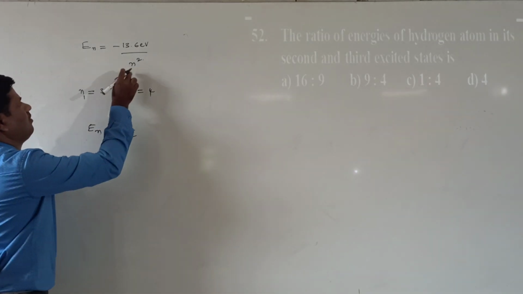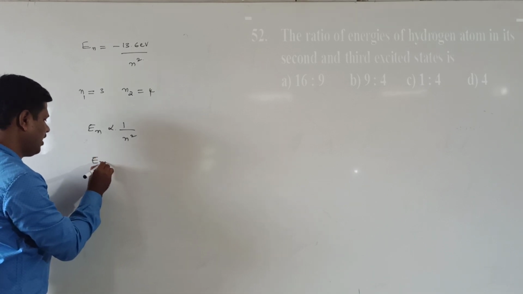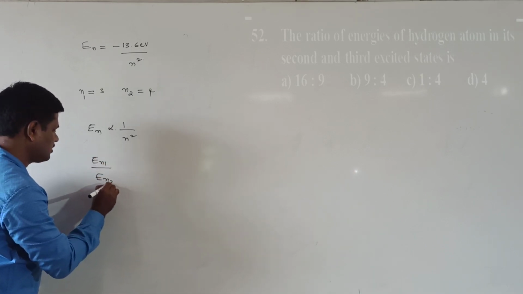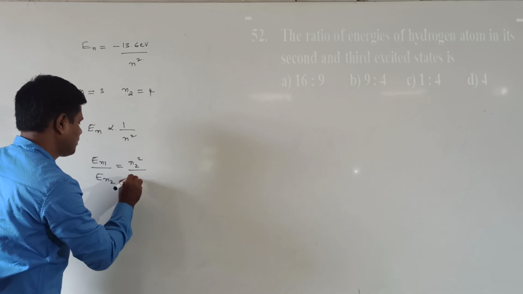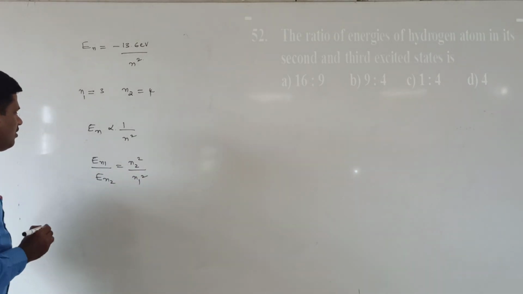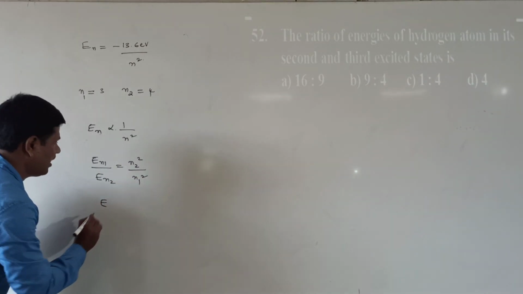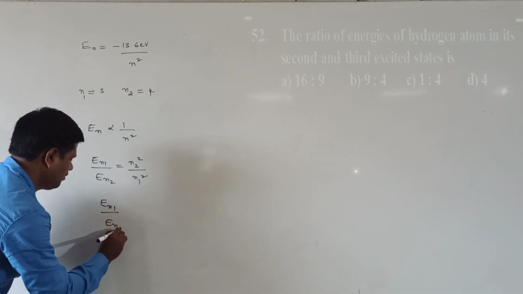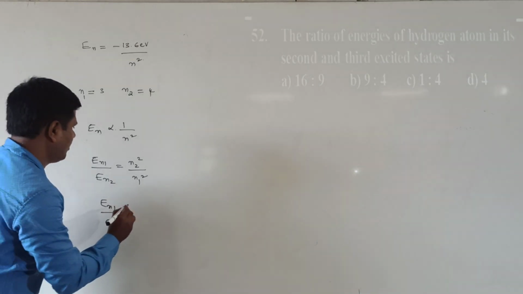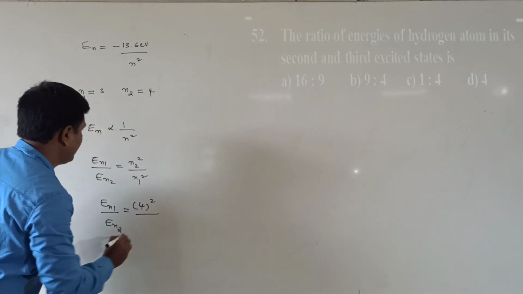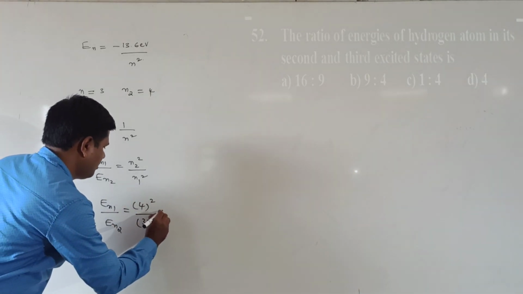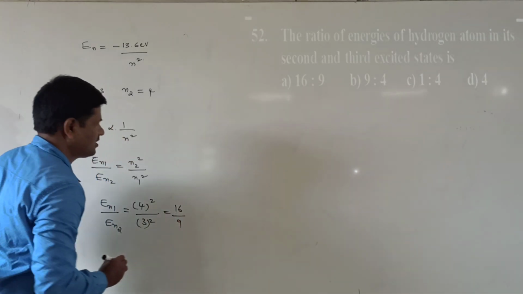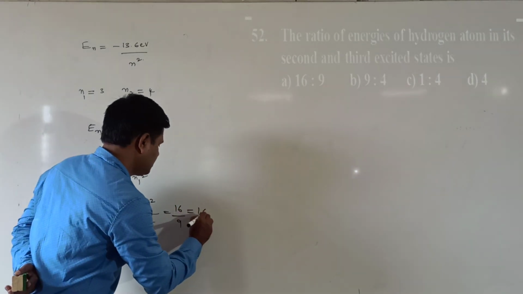Now En1 by En2 is equal to n2 square by n1 square, reciprocal. The energy ratio asked is En1 by En2 is equal to 4 square by 3 square, so 16 by 9, that is 16 is to 9.